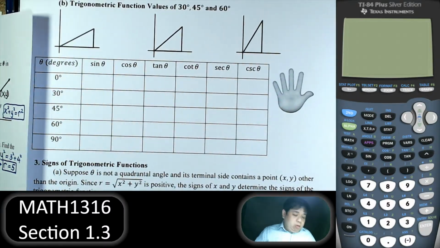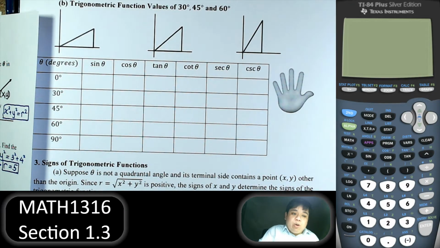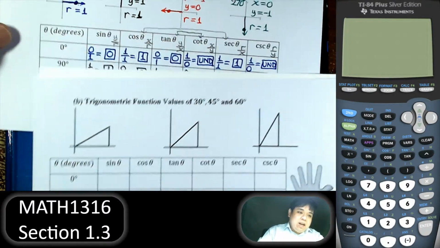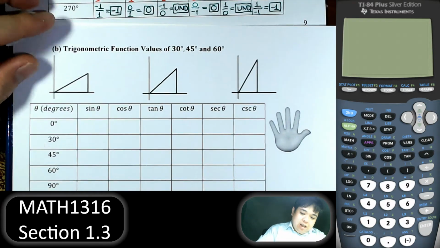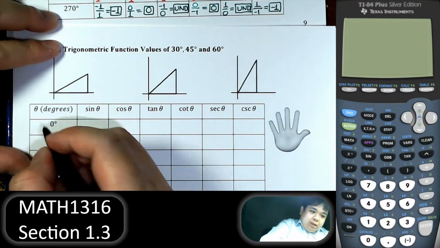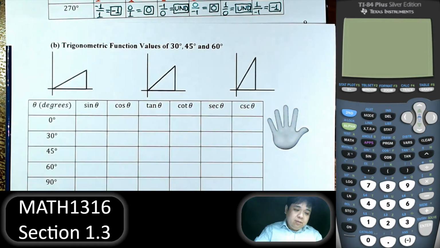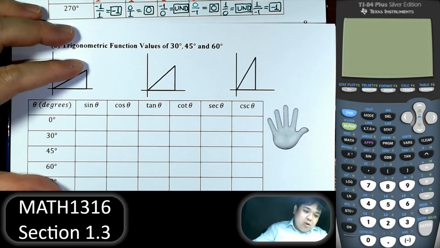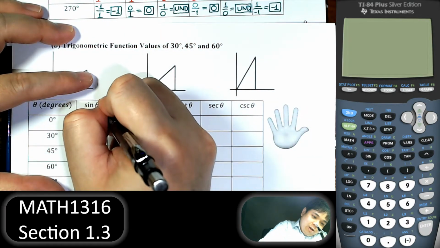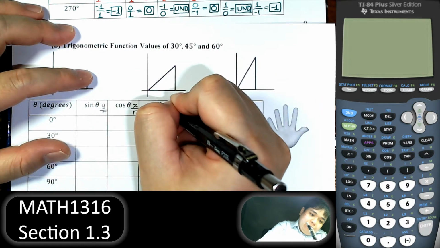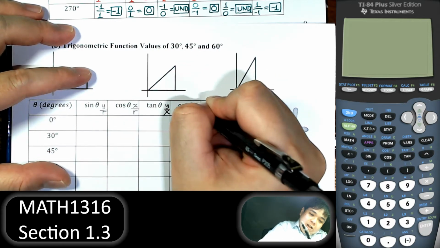Right, next we'll do trigonometric function values for 30, 45 and 60. On this one there's a trick for that, so it's not that bad. But first I want to put 0 and 90 degrees here, so let's just copy the 0 and 90 degrees. The sine, cosine, tangent, cotangent, secant, cosecant. Sine is y over r, cosine is x over r, tangent is y over x, cotangent is x over y.